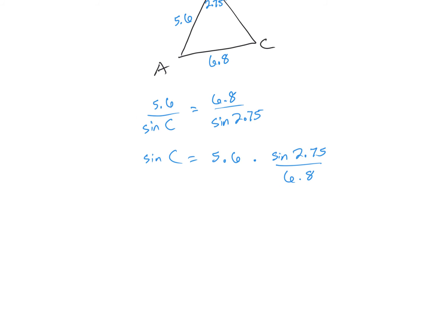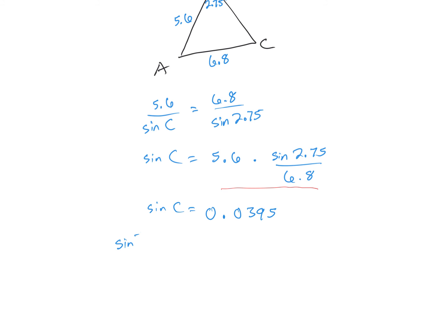So now I'm gonna first simplify. I'm gonna make my life easy, and round this whole side. So sine of 2.75 times 5.6 divided by 6.8, I'm gonna round that, so sine of C equals 0.0395. I don't want sine of C, I want C, so I'm just gonna take the inverse.